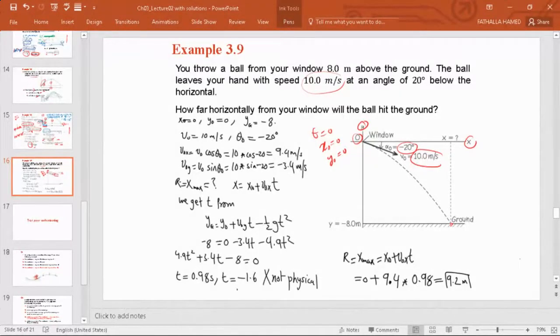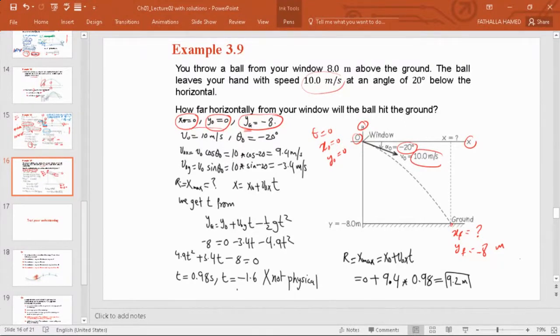So if you look at what you're given in the problem, x0 is equal to 0, y0 is equal to 0. Your y final, when it comes here, you have an x final here. That's what we want to find. And your y final here, the window is 8 meters above, so it's equal to minus 8 meters, because it is below the point where we said y is equal to 0.